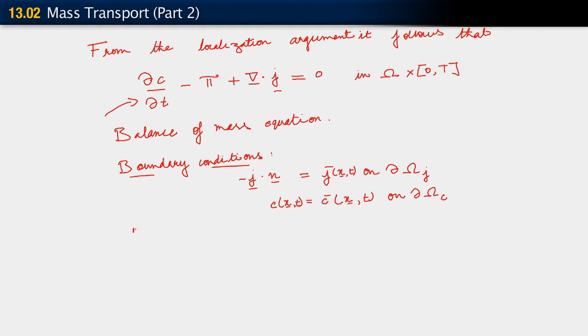And that initial condition is just the initial value of the concentration as a field over the domain of interest. So that is specified as c of x at time t equals 0 equals c naught, where the naught has an obvious meaning, as a function of x only. That's the initial condition. So this completely specifies our problem.